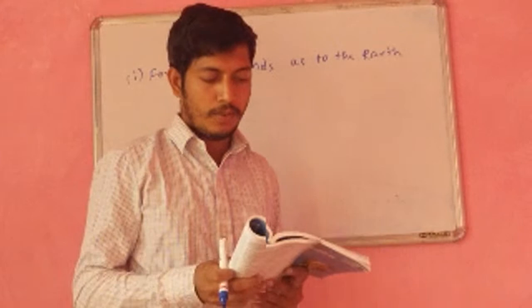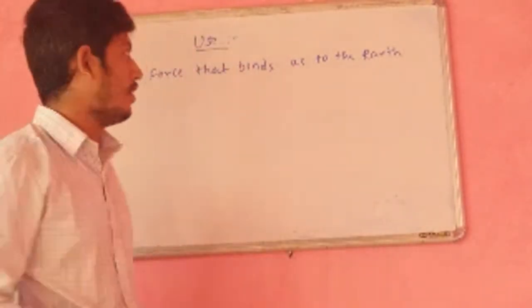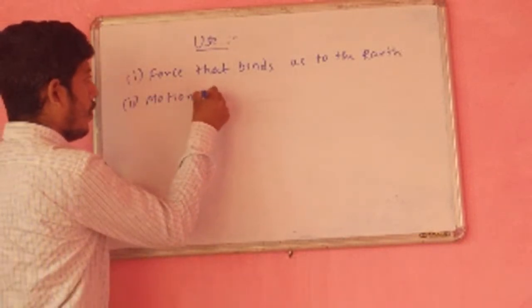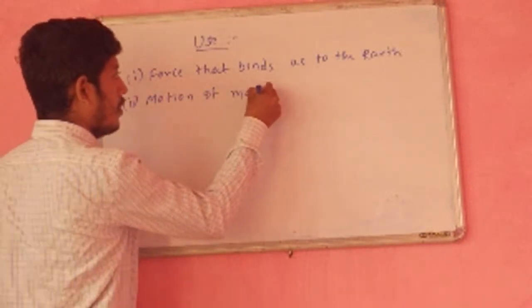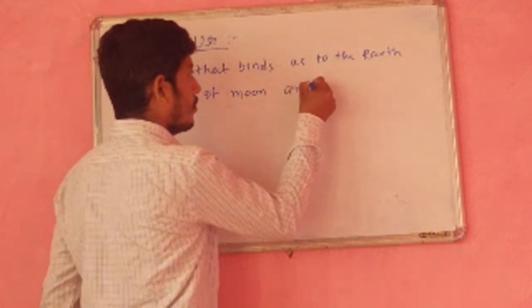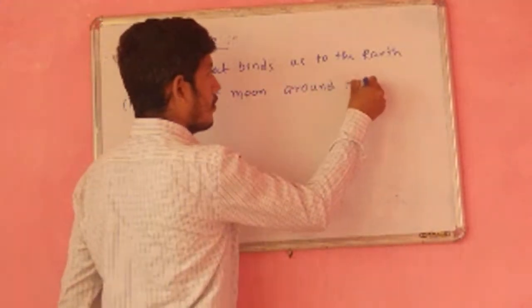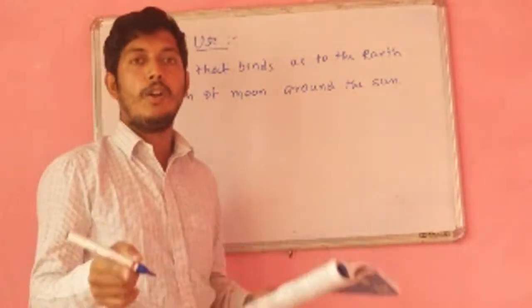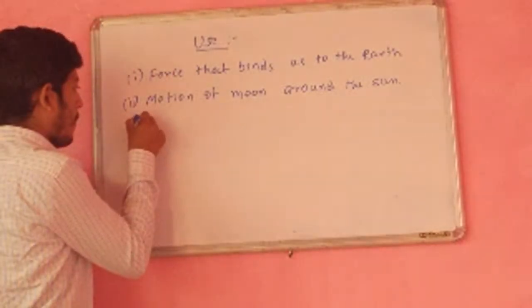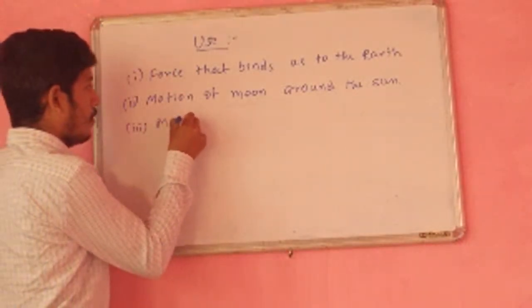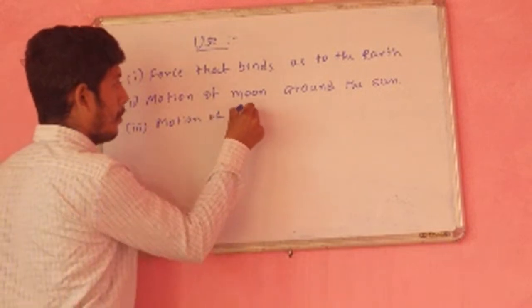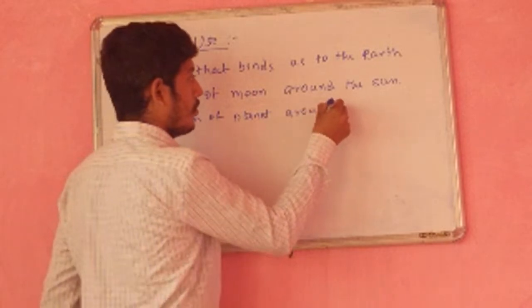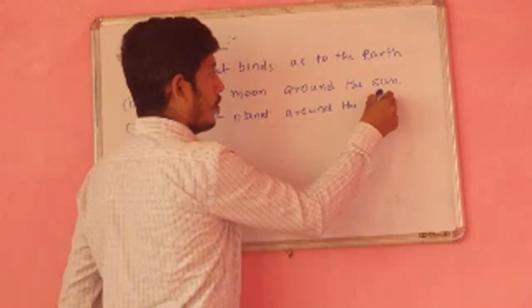Second one, the motion of the moon around the earth. Next one is the motion of planets around the sun.